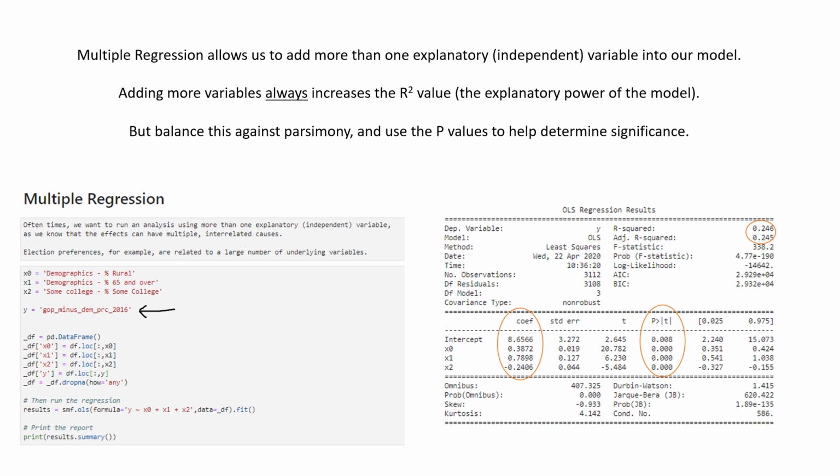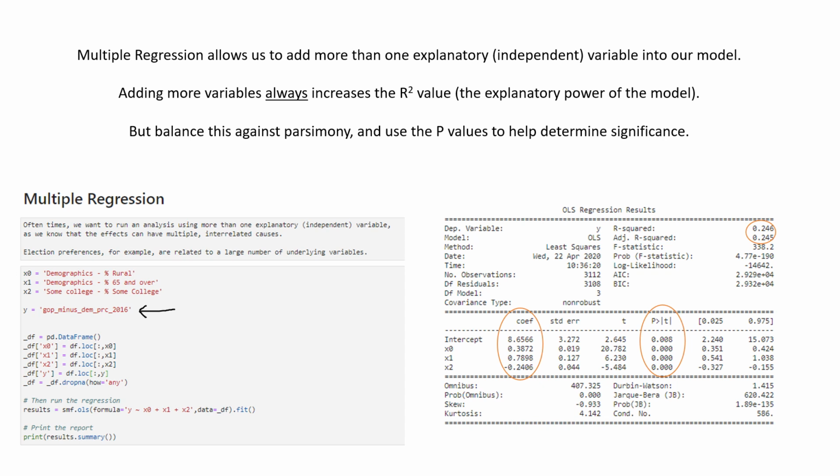This is the GOP percentage minus the Democrat percentage in 2016. This is a measure of how Republican a county is. And we've merged this with our county health data, and we want to try to explain whether a county had a strong Republican vote or a strong Democratic vote or a mild vote. We want to explain that from some other demographic variables.